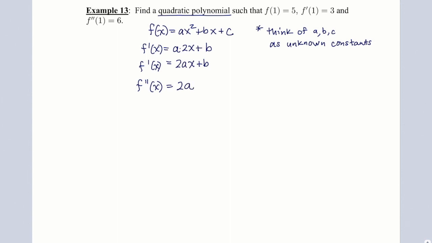And the derivative for b is just 0 because b is a constant term. So what we have is the function itself is ax squared plus bx plus c. The derivative is 2ax, and the second derivative is 2a. Now notice the second derivative doesn't involve x.